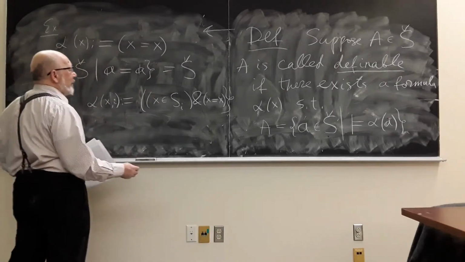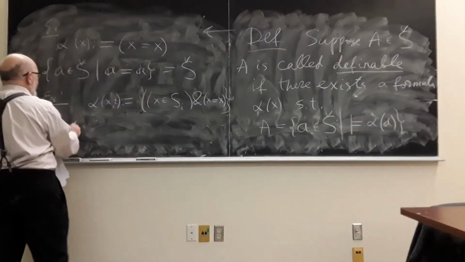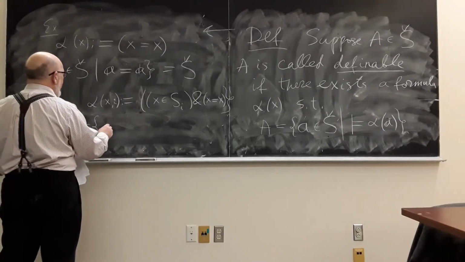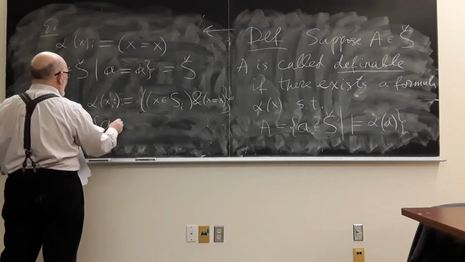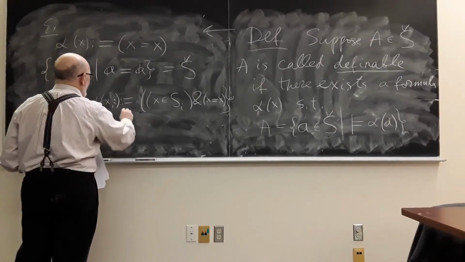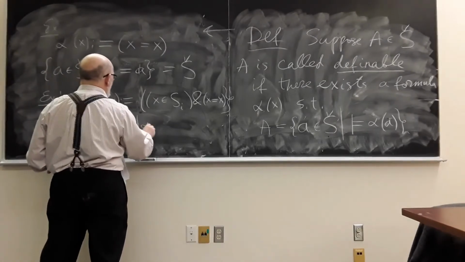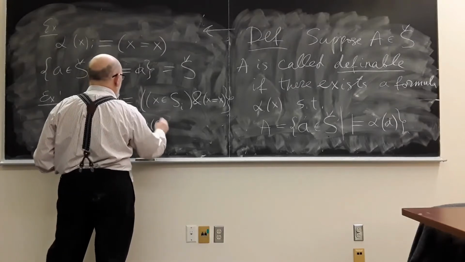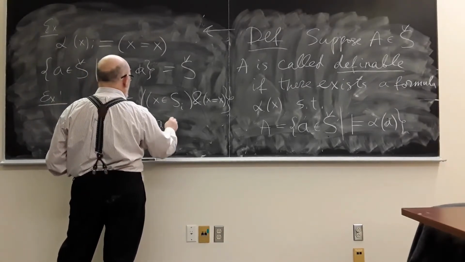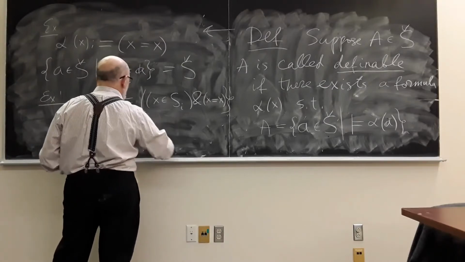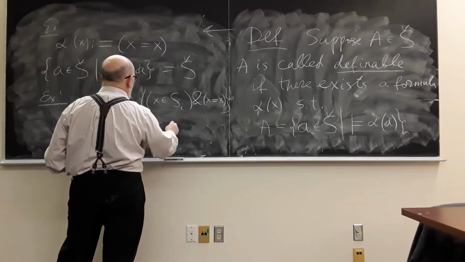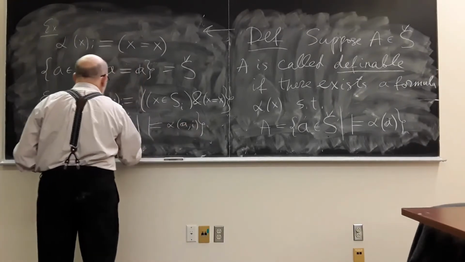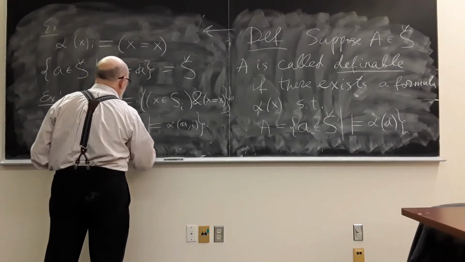So the corresponding A equals, say, A in S such that alpha of A, i is simply S number i.